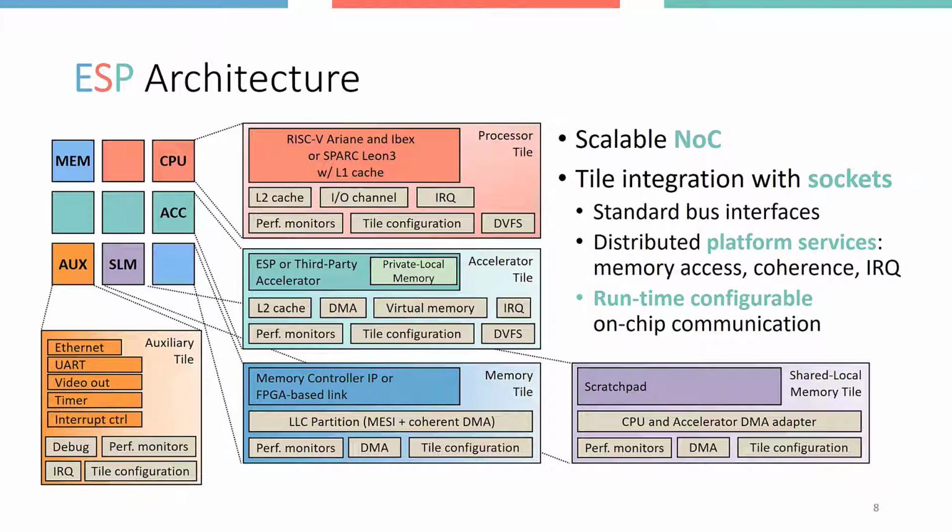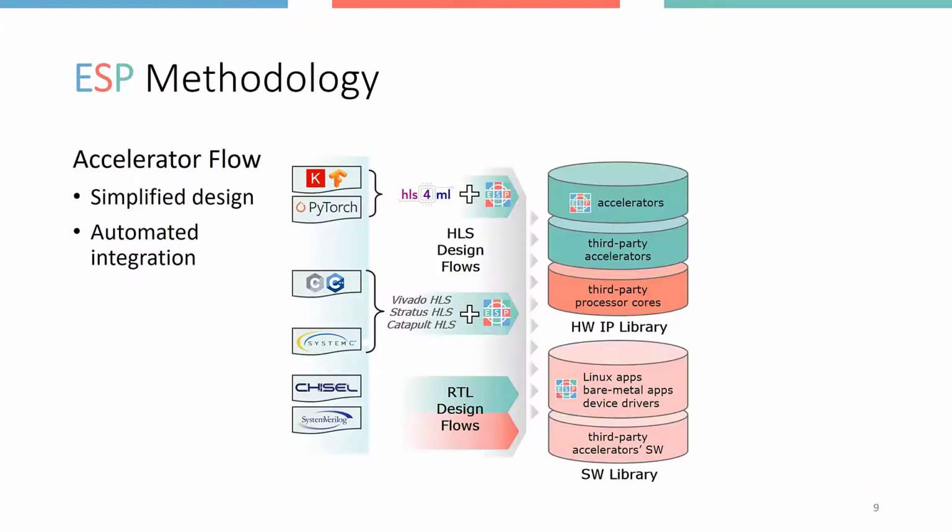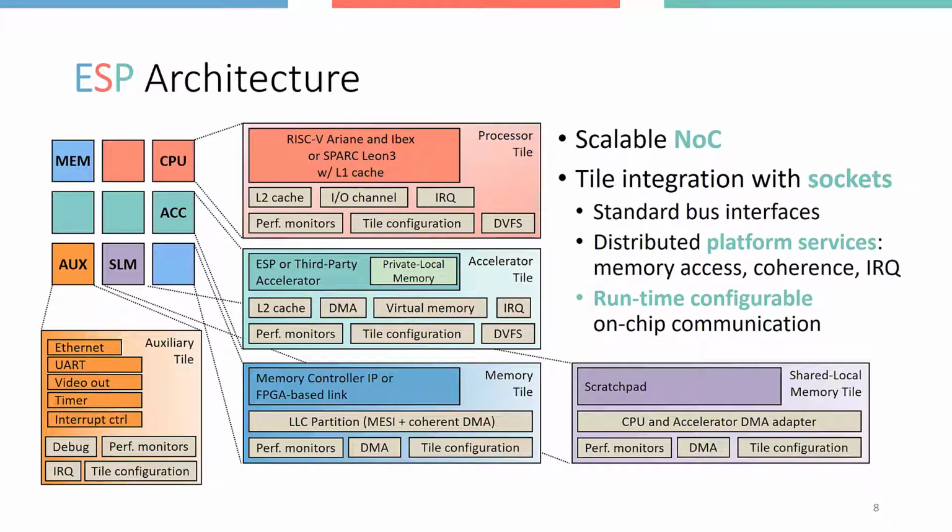First of all, the type of tile is not a fixed structure. The concept of tile is, and tiles can be combined to obtain a variety of different instances of ESP systems. In this case, you have a 3x3 tile matrix. Of course, the number and mix of tiles may change.